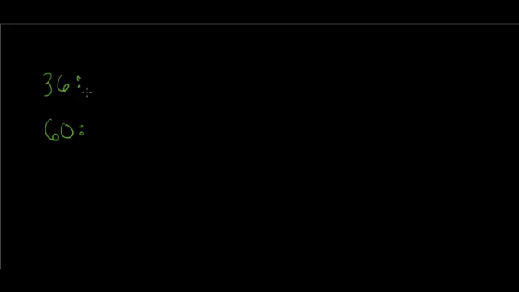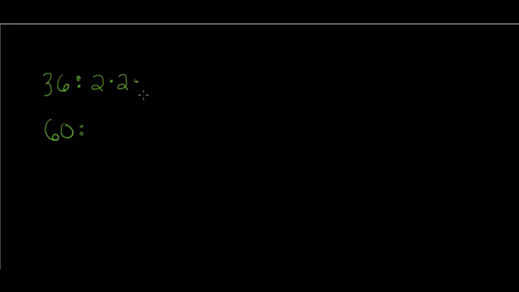Now if I have 36, I want to write out its factorization first. Well, mentally I can divide this out by doing division by primes. And I know 36, I can divide that by 2, which leaves me with 18. 18, I can divide again by 2.